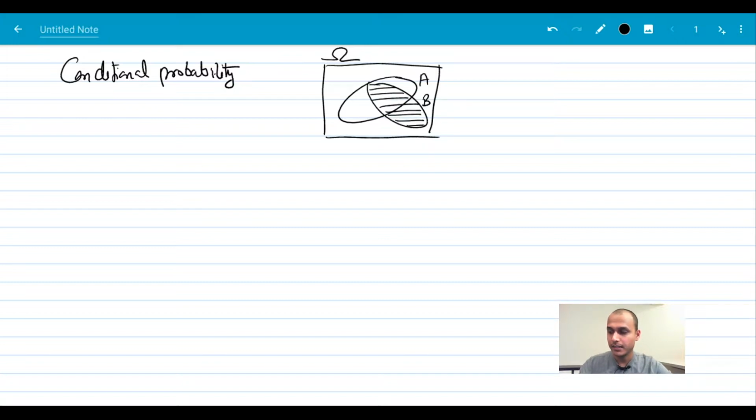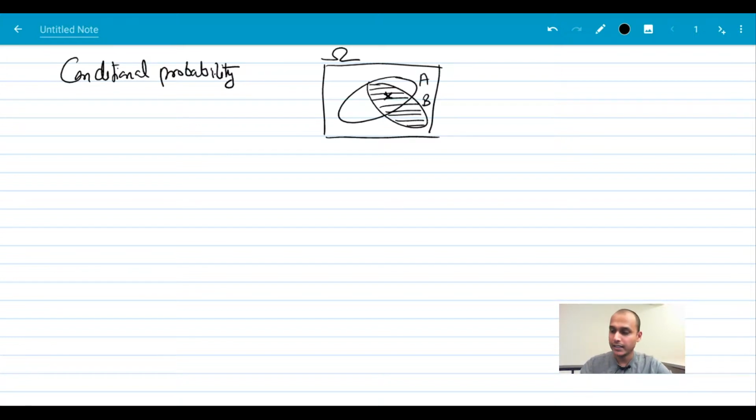Maybe a bunch of elements in B have already occurred, and the question is what is the probability that A has occurred. So A would occur if there's a common point between A and B, right?